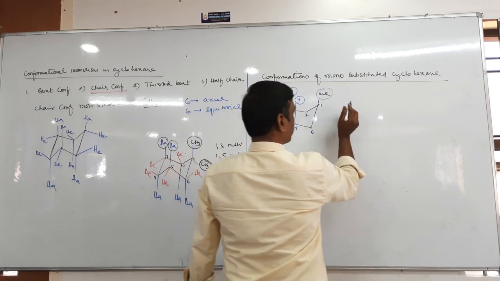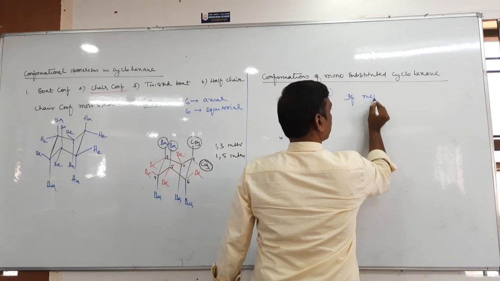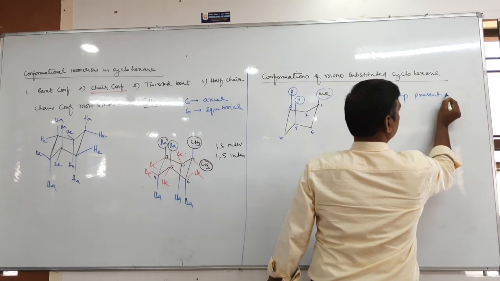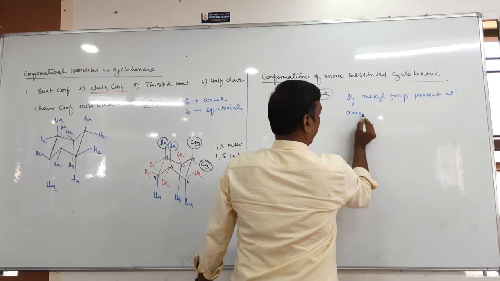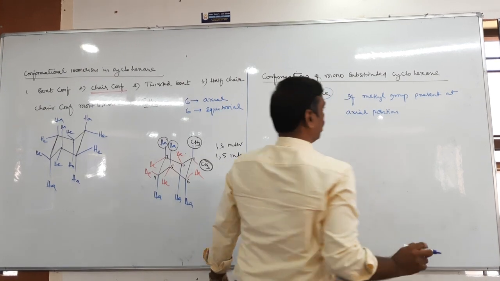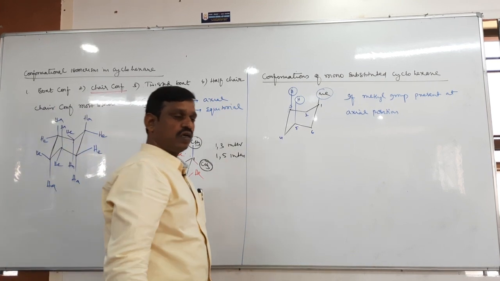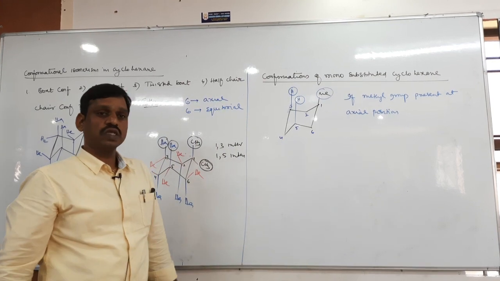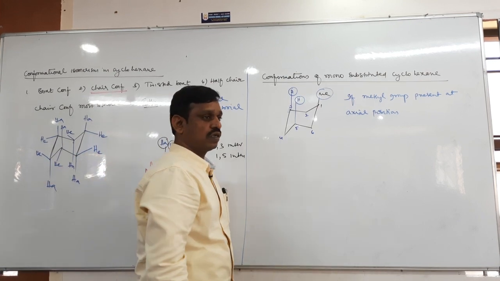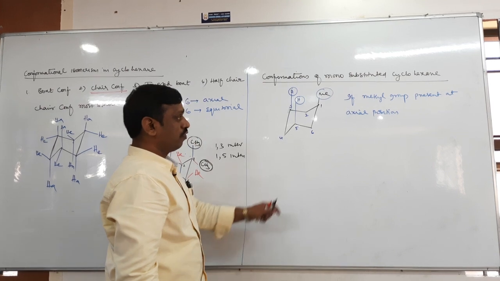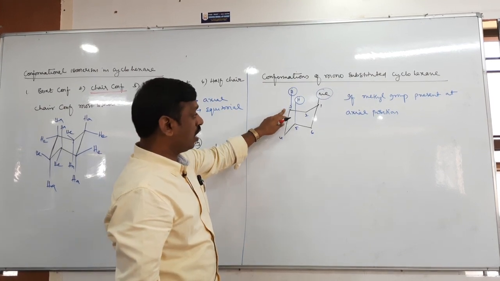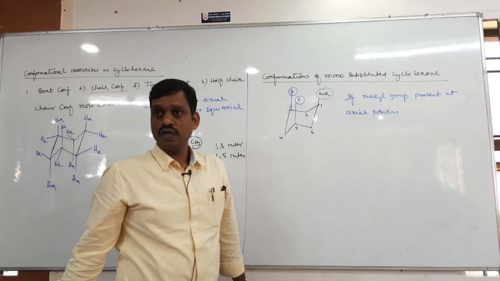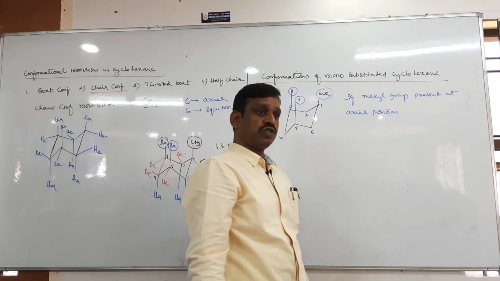If the methyl group is present at an axial position, it has repulsions from which axial hydrogens? The 3 and 5 axial hydrogens.